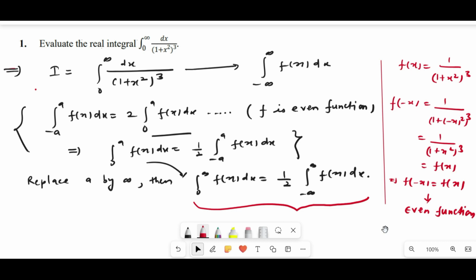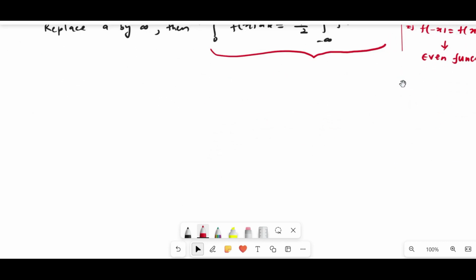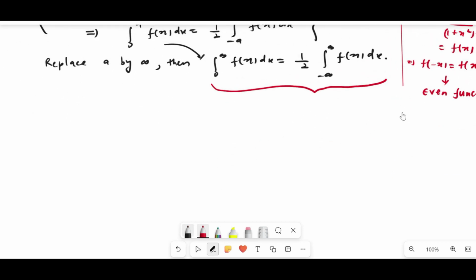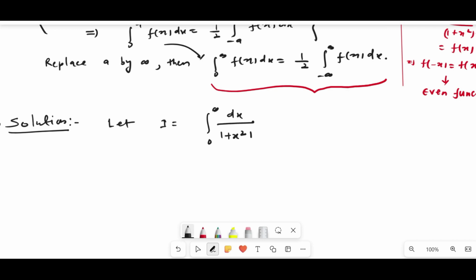So by using that, now we will start the solution from here. Let us consider the given integral I, that is the integral from 0 to infinity of dx upon (1 plus x squared) to the whole power 3.